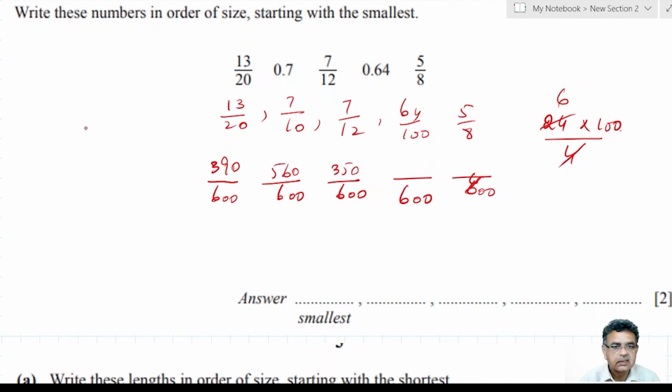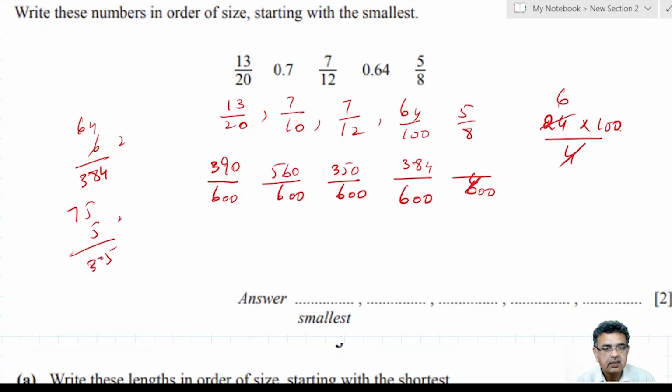So 64 multiplied by 6. 6 4s are 24. 36 plus 2, 38. 384. And dividing by 8, 75. 75 5s are 375. Okay, now we'll compare numerators only because denominators are same.